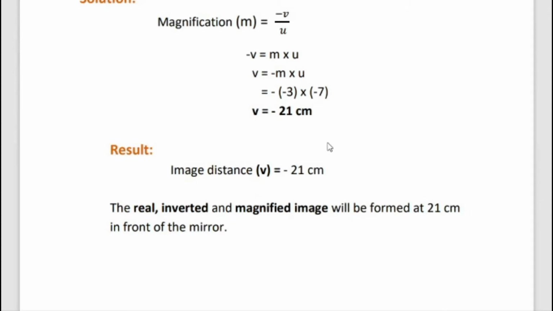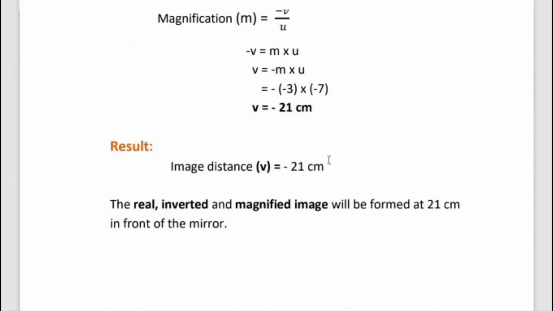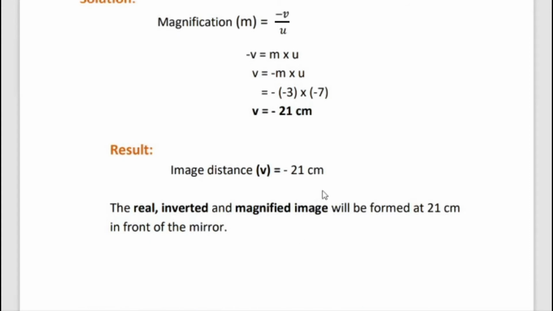So the result: image distance v is equal to minus 21 centimeter. So a real, inverted and magnified image will be formed at 21 centimeter in front of the mirror. Real, inverted means upside down.